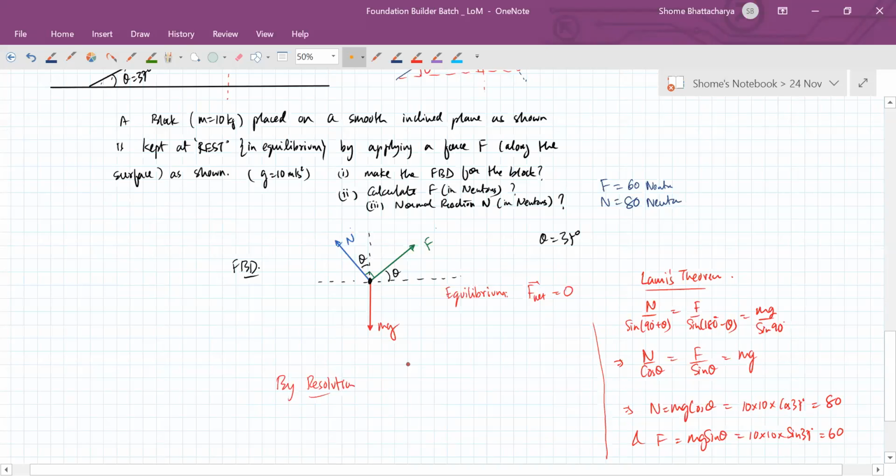If you do it by resolution, what you do is you resolve mg into components, which are like this, along the inclined plane and perpendicular to the inclined plane.